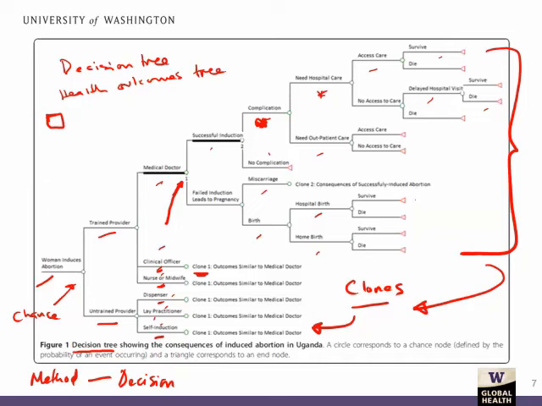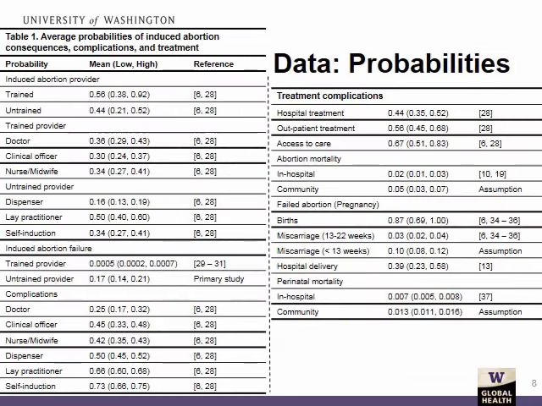So here are the data that went into the model. You have providers. The probability that you get an abortion by a trained provider is 56%, untrained 44%, whether it's a doctor, a clinical officer, whether it's an untrained provider, whether you induce yourself. 34% of those who go to untrained providers do self-induction. Then you have a probability for induction failure.